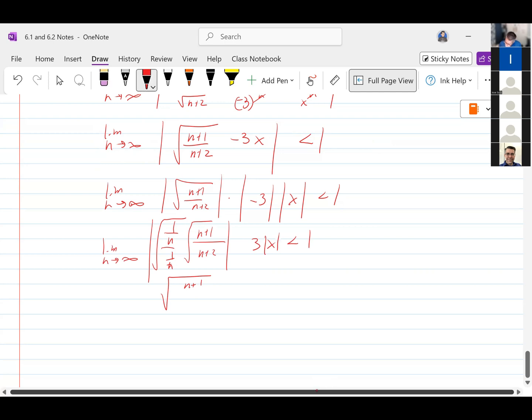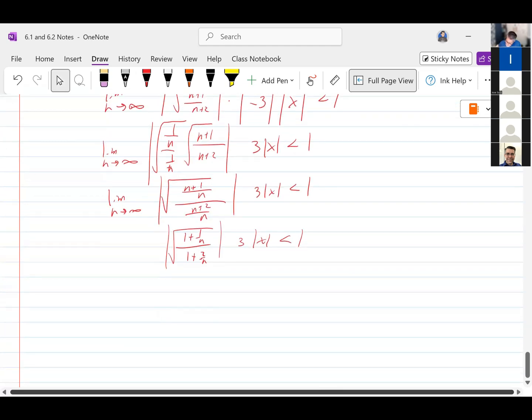So this becomes n plus 1 over n, all over n plus 2 over n, 3 absolute value of x is less than 1, limit as n goes to infinity. So this becomes 1 plus 1 over n, all over 1 plus 2 over n, square root, 3 times the absolute value of x.